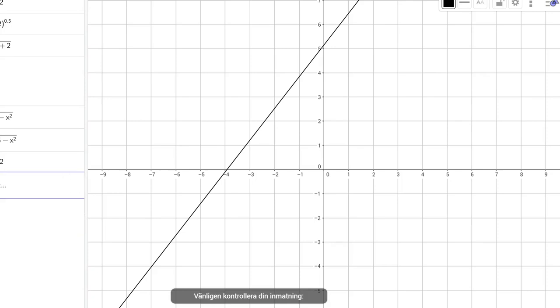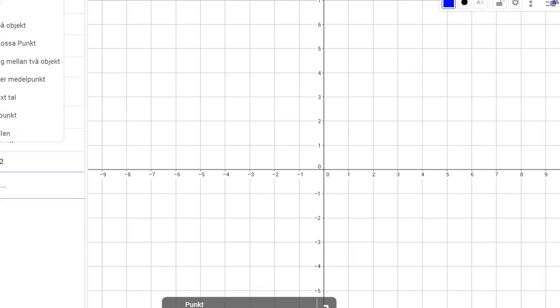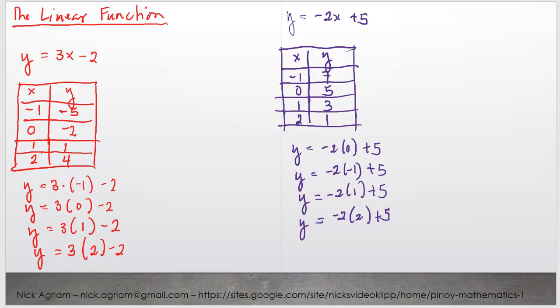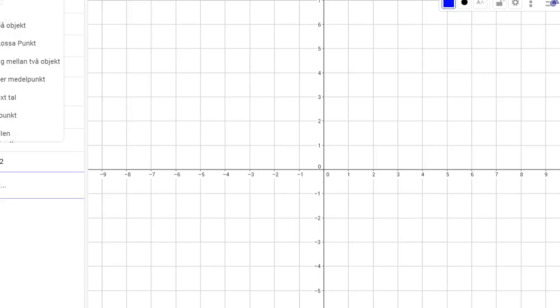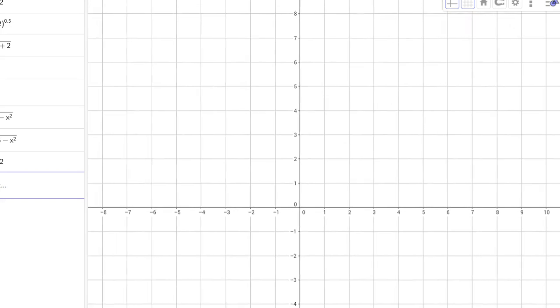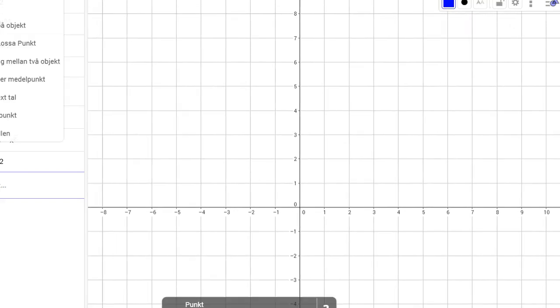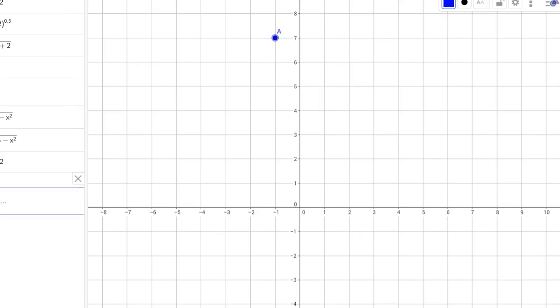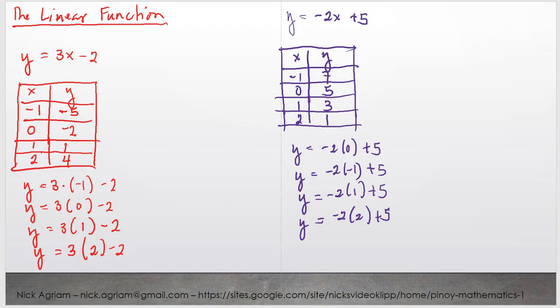Negative 1 and 7. There you go. And 0, that's positive 5. 0 and 5.